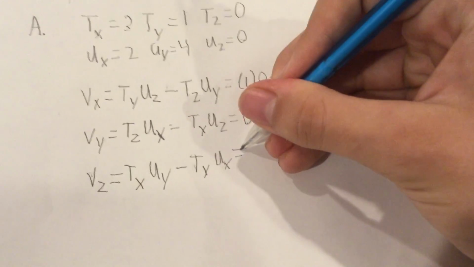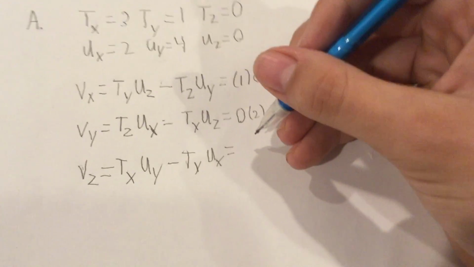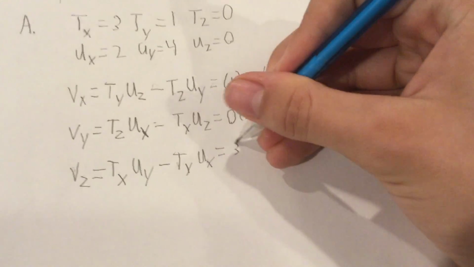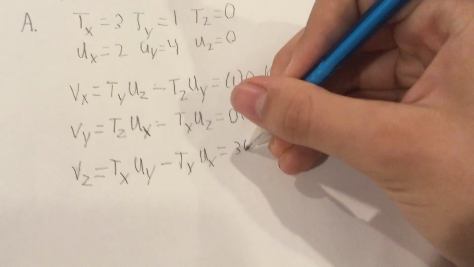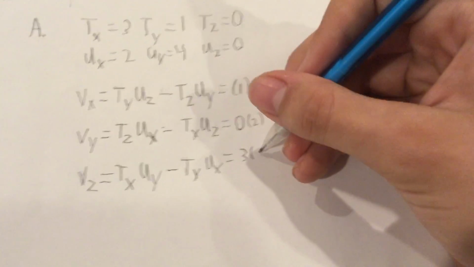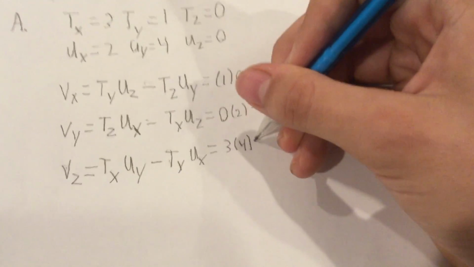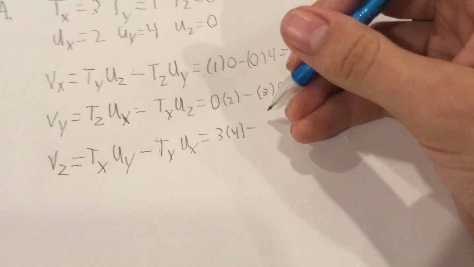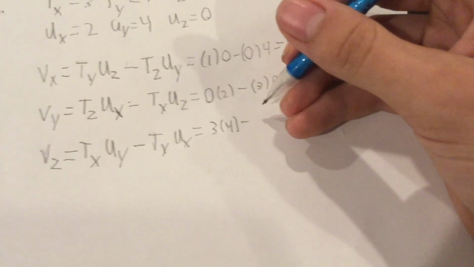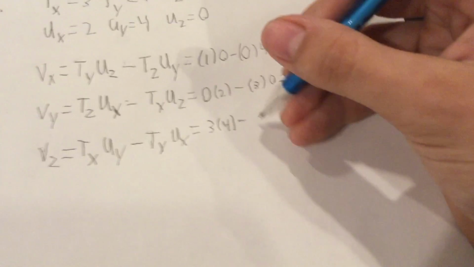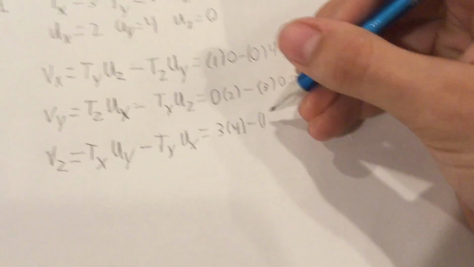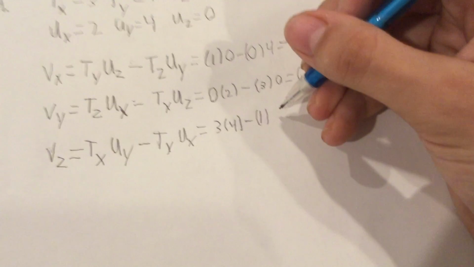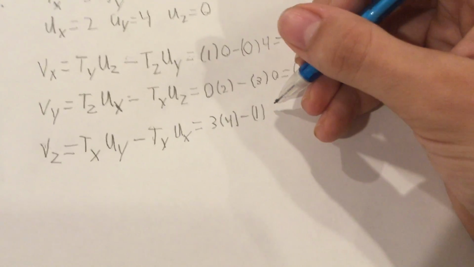Now we plug those numbers in, and we see that t of x is equal to 3, times u of y, which is equal to 4, minus t of y, which is equal to 1, and u of x, which is equal to 2.